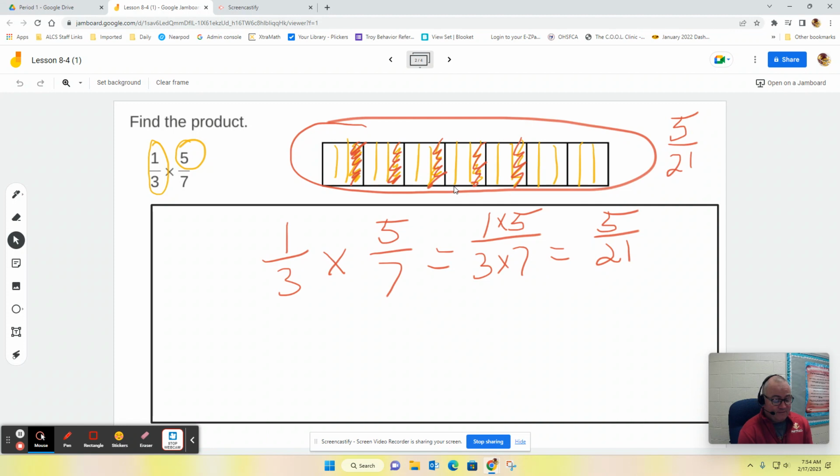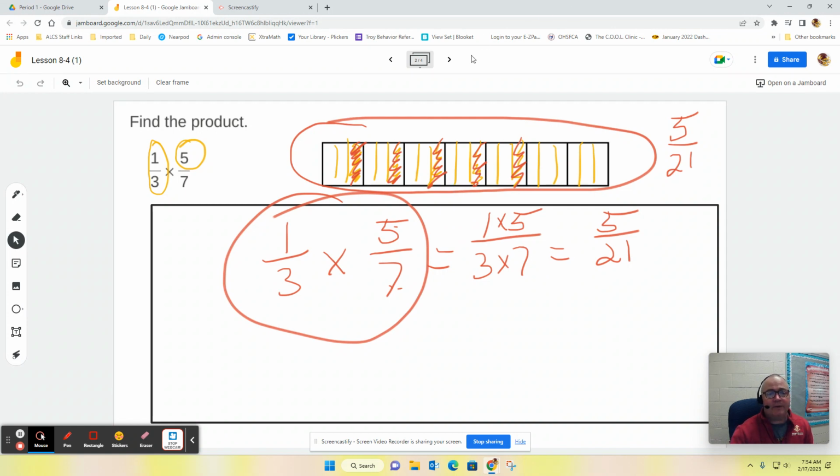And if you looked at the cross simplifying piece, we can't cross simplify here because none of the denominators can be divided evenly by the numerators other than 1. We don't ever want to divide by 1 because that is the same exact problem. So use the models as a way to look at how to answer these questions.